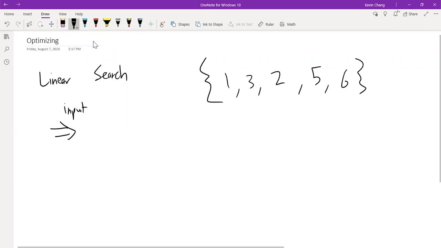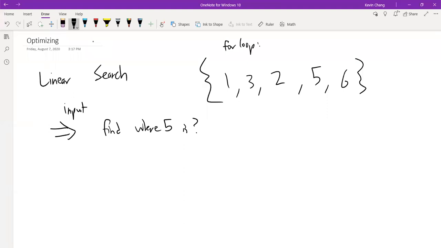So to find where 5 is, we can use linear search, because we're given the set of numbers as our input, and we just iterate using a for loop, remember? We iterate through each of the numbers.